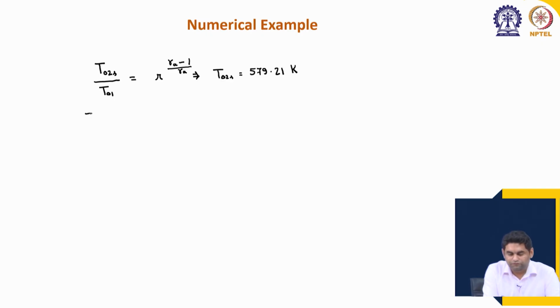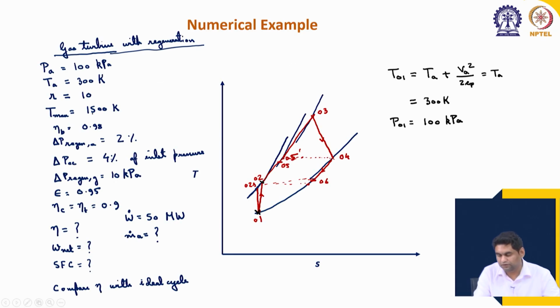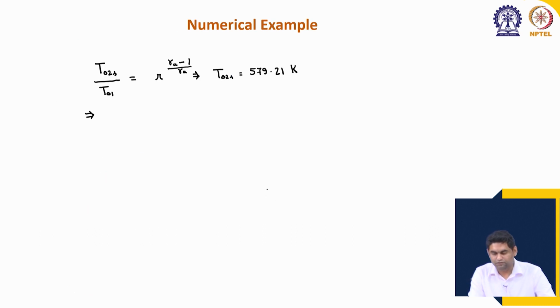Now, we will use the efficiency definition, isentropic efficiency definition for the compressor. So, we know that eta C is equal to T02s minus T01 by T02 minus T01.